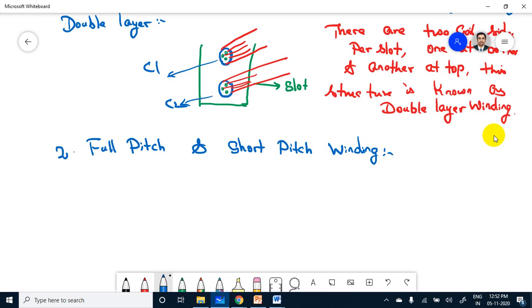What is full pitch? Full pitch winding is nothing but a coil having a full pitch, a continuous coil. Full pitch coil.